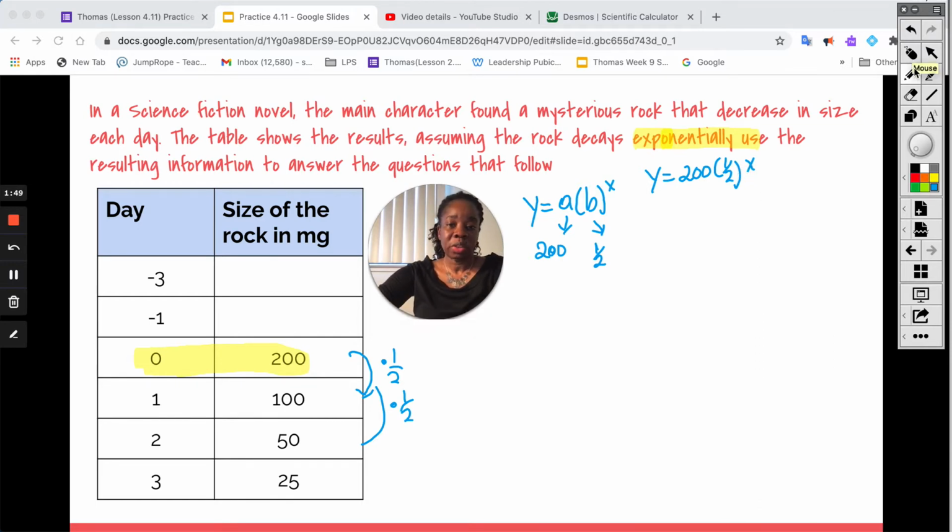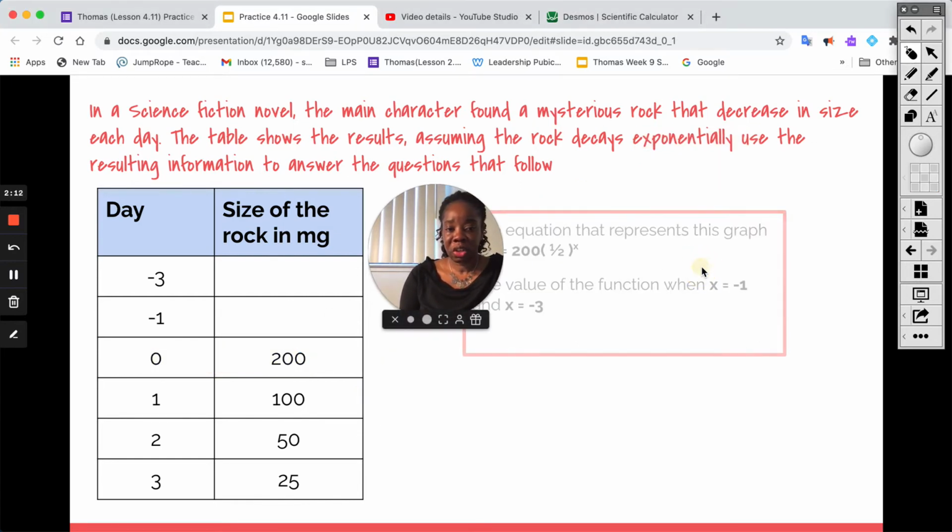All right, once we've done that, we can move on to using that information to find values of the size of the rock when x is equal to -1 and x is equal to -3. If you're thinking about it, you're going back in time, because a negative means before the initial value was found. So let's continue.